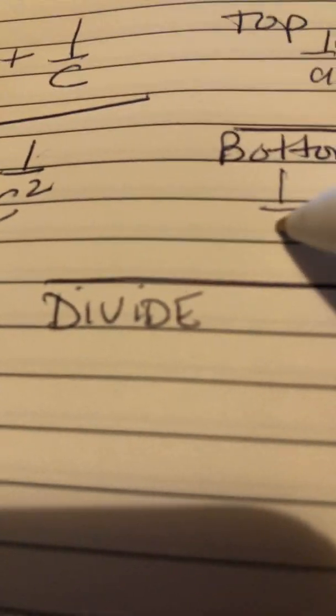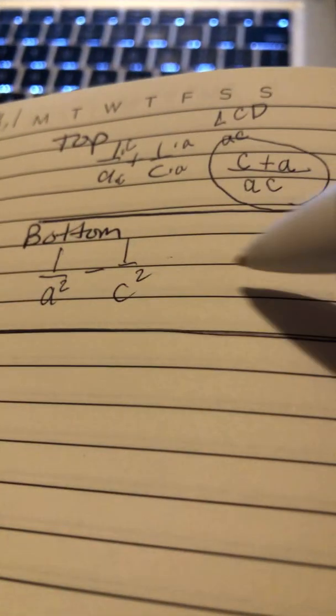Then we go to the bottom part, which was 1 over A squared minus 1 over C squared. And we need the common denominator for that also, the least common denominator. Well, in this case, it's A squared times C squared. So the first one, we need to give it a C squared on both levels.